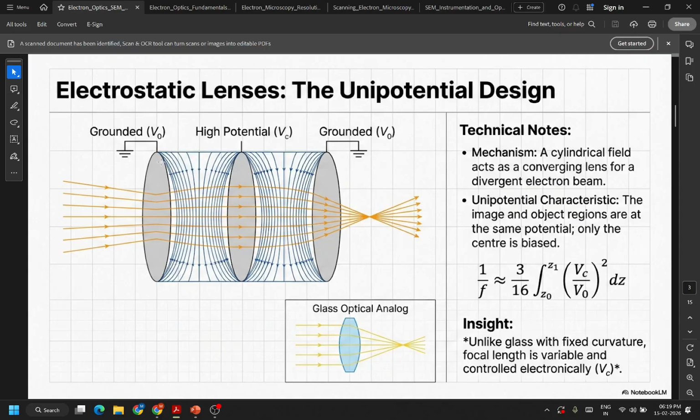It is unipotential because the initial and the final beam are both at the same potential, and only the middle has a different potential. The focal length equation here is 1 by f equals 3 by 16 integral from z0 to z1 of (vc by v naught) squared dz, where vc is the central potential and v naught is the outside potential.